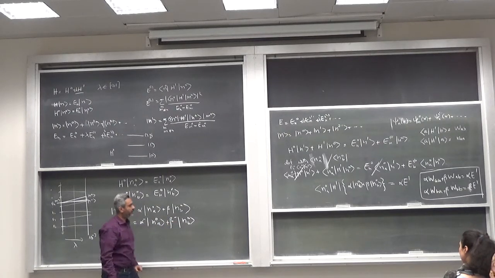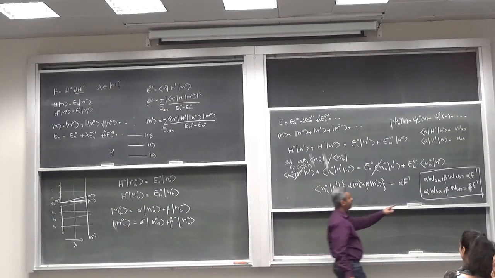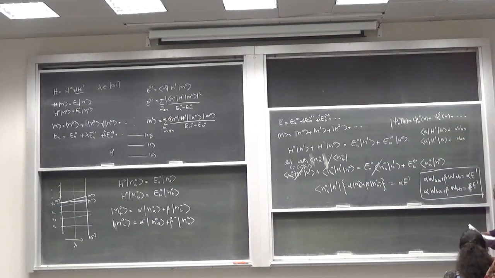So if alpha is 0, what does that lead to? That leads to omega AB being 0. So the good states are the states that diagonalize H1.